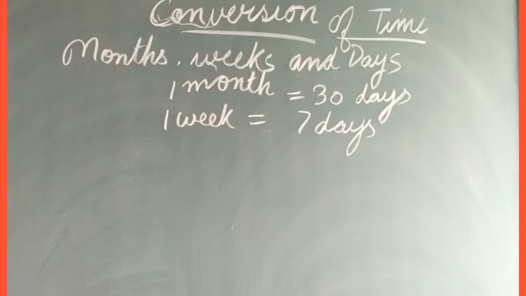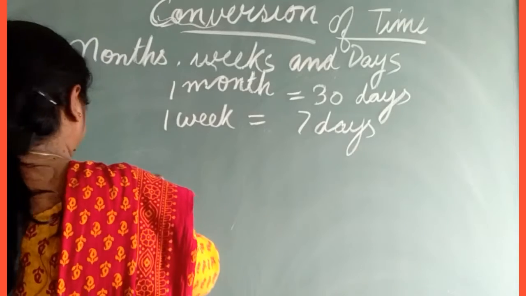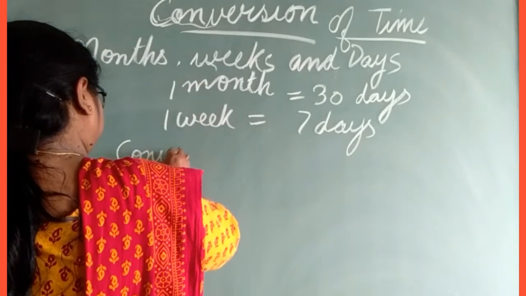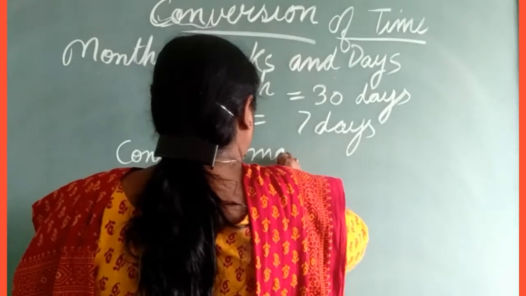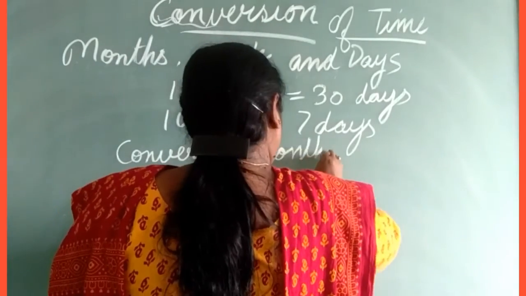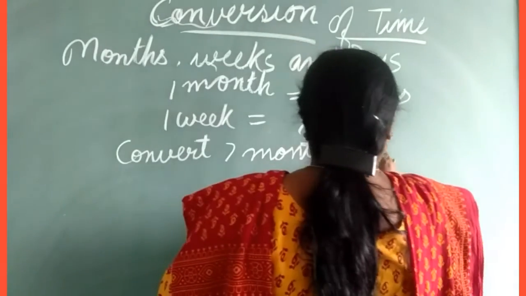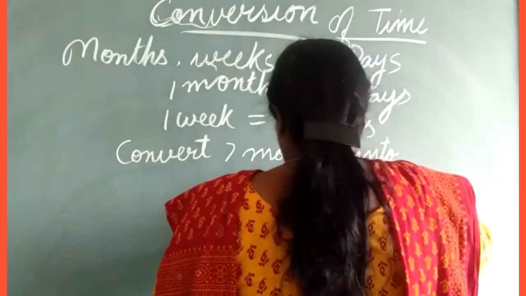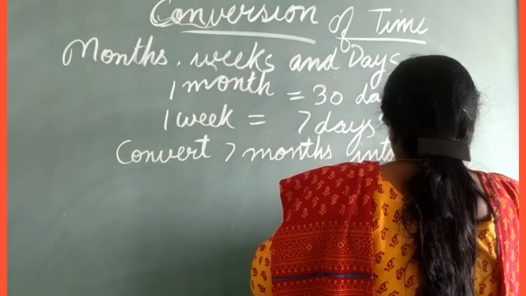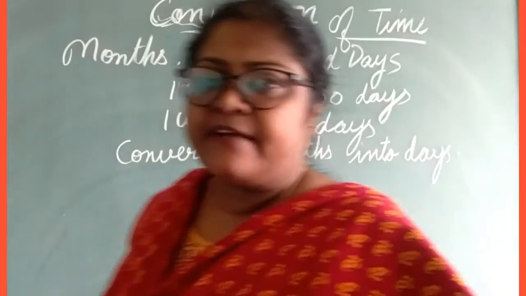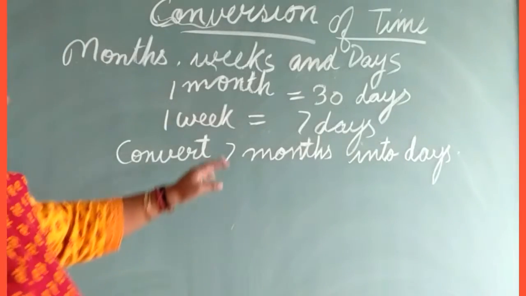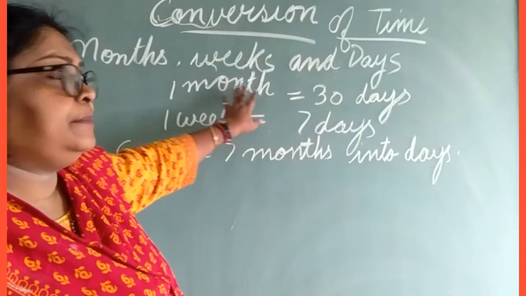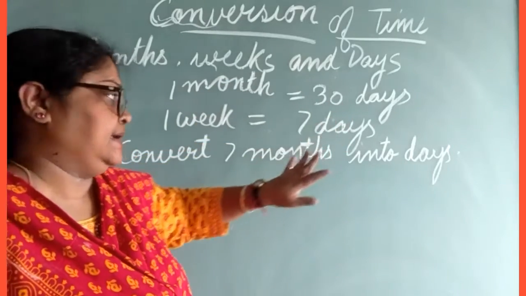Convert 7 months into days. So as I have told you, and you also know, 1 month equal to 30 days.